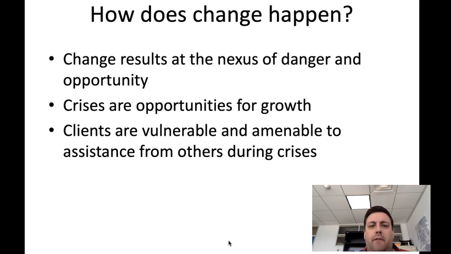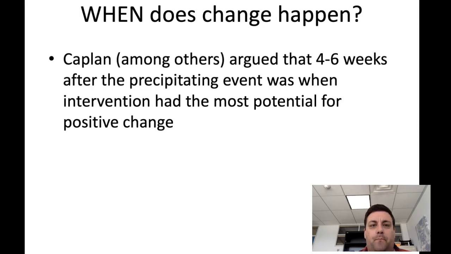So change happens, like I said, at the nexus of danger and opportunity. They are opportunities for growth. Clients are vulnerable during these times. They're willing to receive assistance from others during a crisis, especially from a person who's not in that crisis with them. So it becomes the job of the social worker, the helping professional, to offer assistance and help a client grow.